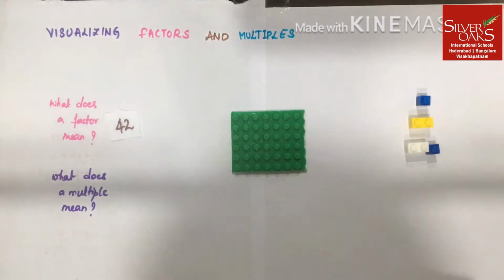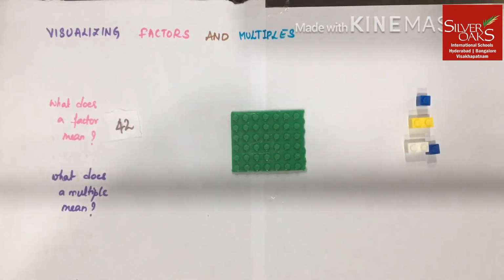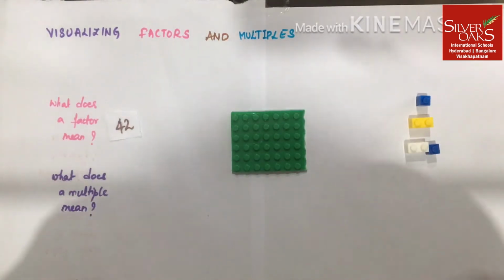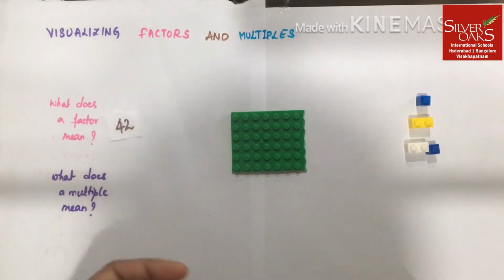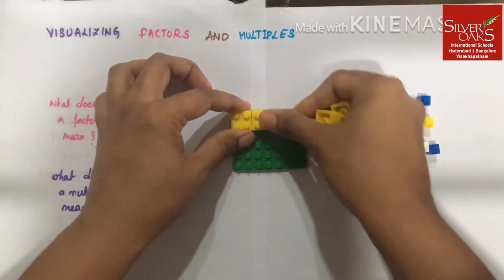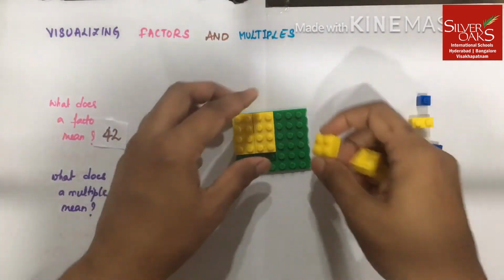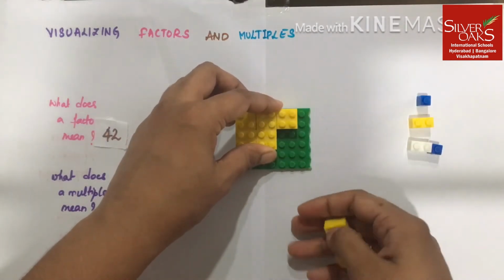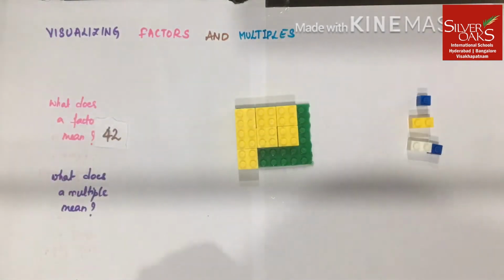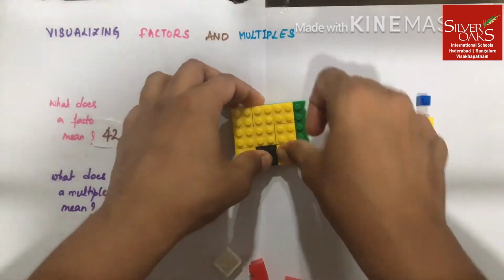Okay, now try with 4's now. You can pause the video over here, and if you have a sheet of 42, or you can just take any sheet and count till you get 42 dots. You can try over that. My first 4, second, third and fourth, fifth, sixth, seventh, eighth, ninth.